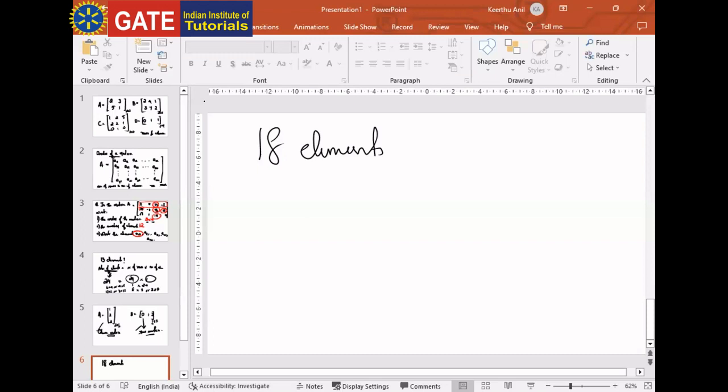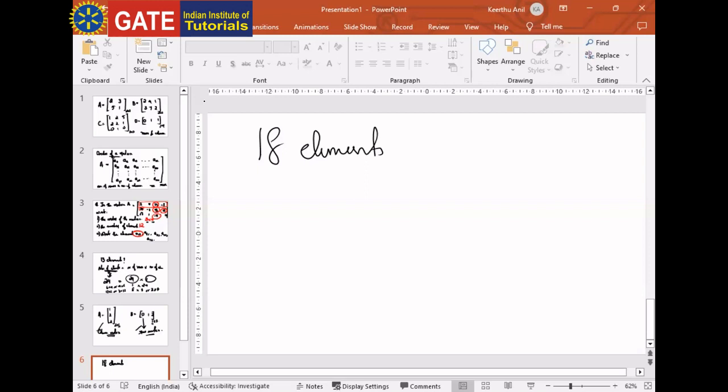Can you try doing this? Just try it. 18 is coming up as the total number of elements. So how many rows and columns are possible? Just try finding it. 3 and 6 is okay. 9 into 2 can be a possible case. Then 18 into 1 also can be a possible case. What else? Only that much, right? 2 by 9, 3 into 6.